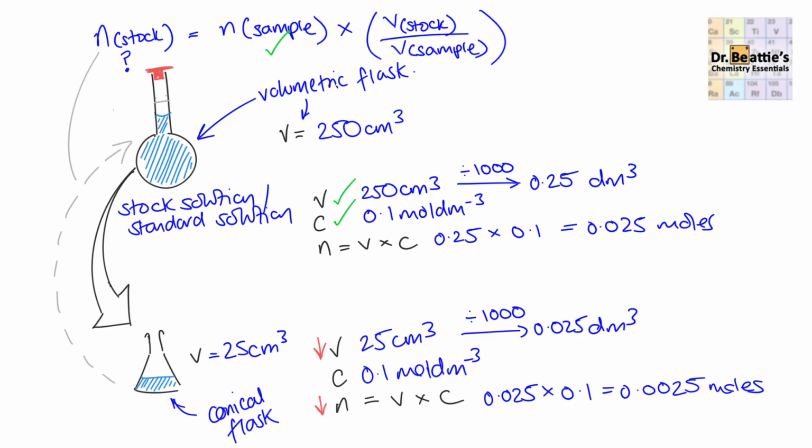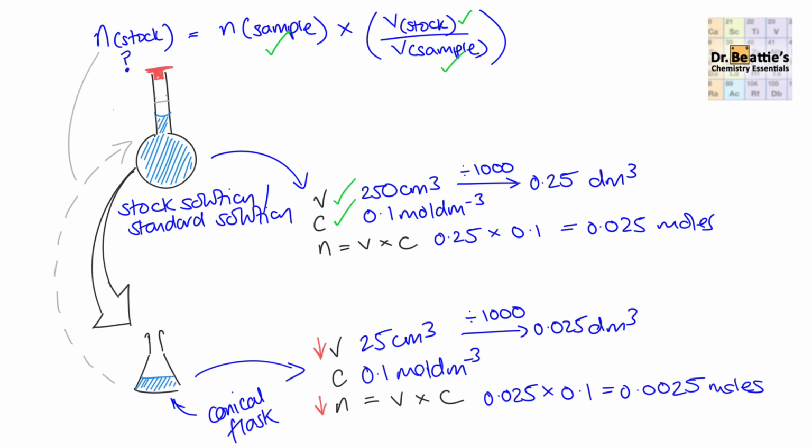You'll obviously know these because you've got a fixed volume of the stock solution that's made up in your standard solution, and as I've said before, that's usually 250 centimeters cubed, and then you would have used a pipette to get the fixed volume in your conical flask, which in this case is 25 centimeters cubed. Really, this is just a ratio of the volumes of the two different containers.